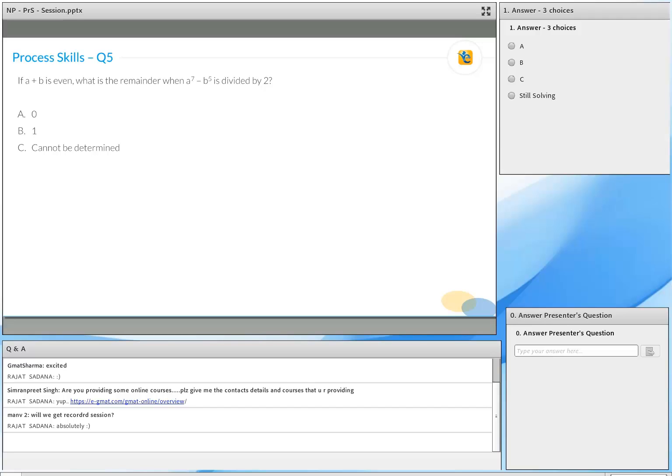Three choices again. Can you please click on still solving?